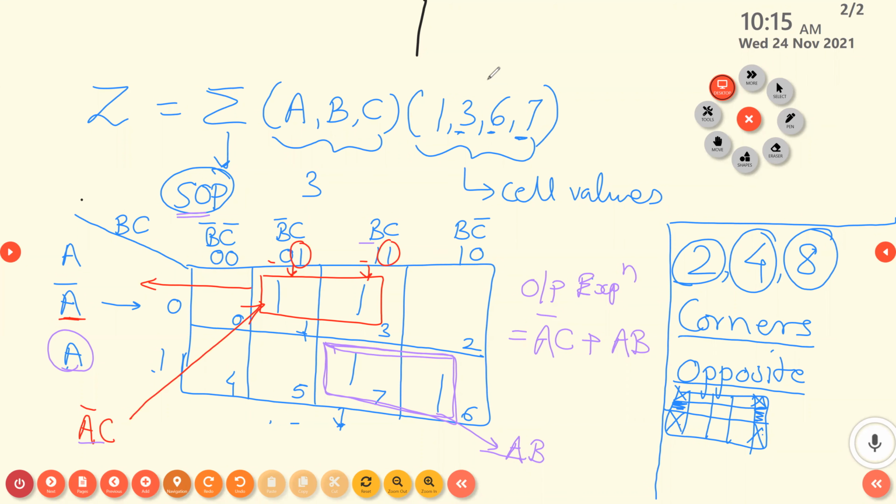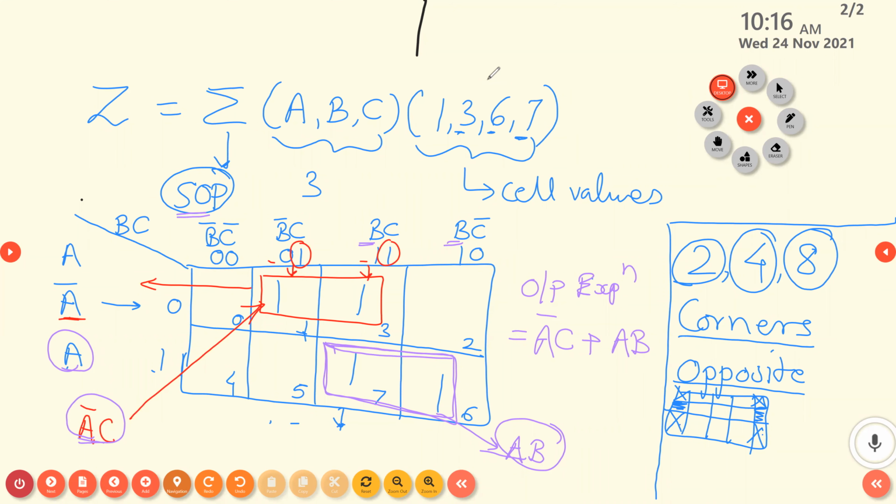B remains constant. In terms of product, A into B. The variable that is varying, you have to ignore and remove. So it becomes A into B. And this is SOP, so first you have to form the products, then you have to sum. So the final expression should be in terms of SOP. Got it? Ma'am.